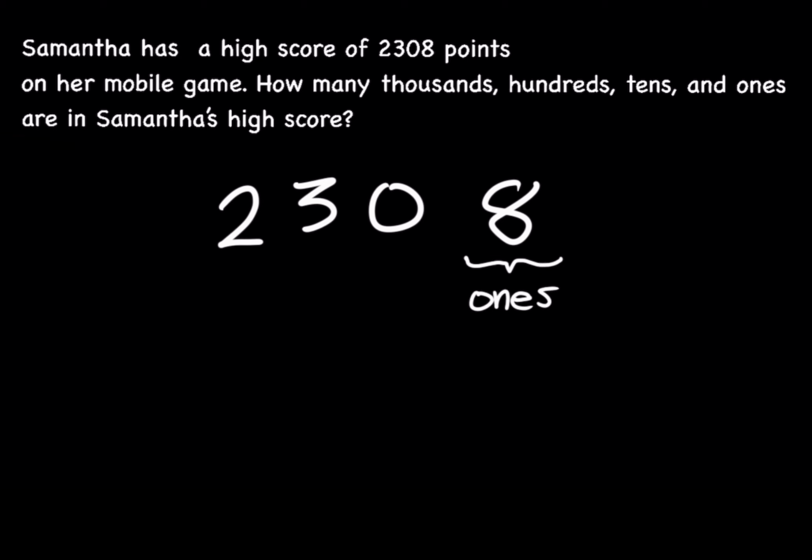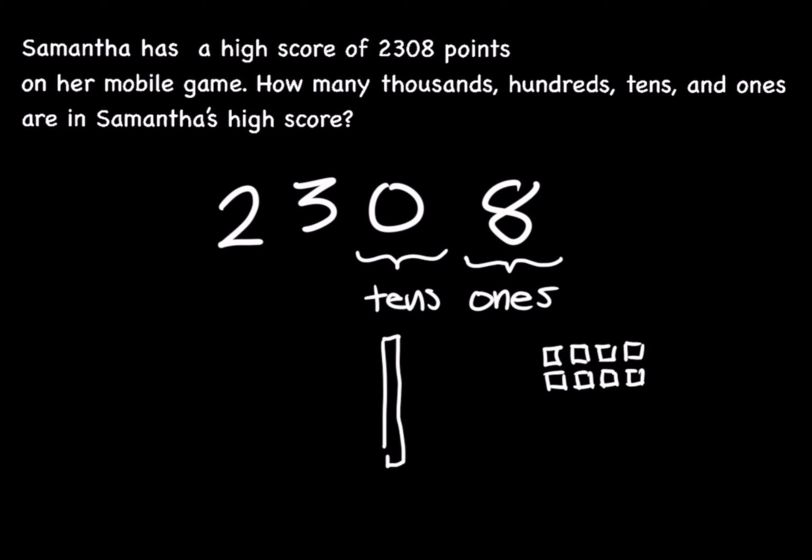It shows how many ones, individual squares, just imagine, that we have. So in this case, we have 8 of them. Next, we have our tens place, which represents the amount of tens that we have. So like 10 individual squares, 5, 6, 7, 8, 9, 10, and that would represent 10.